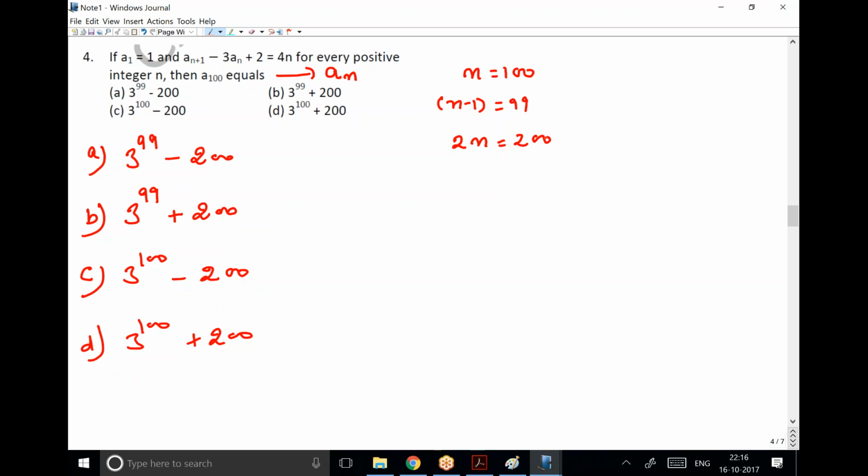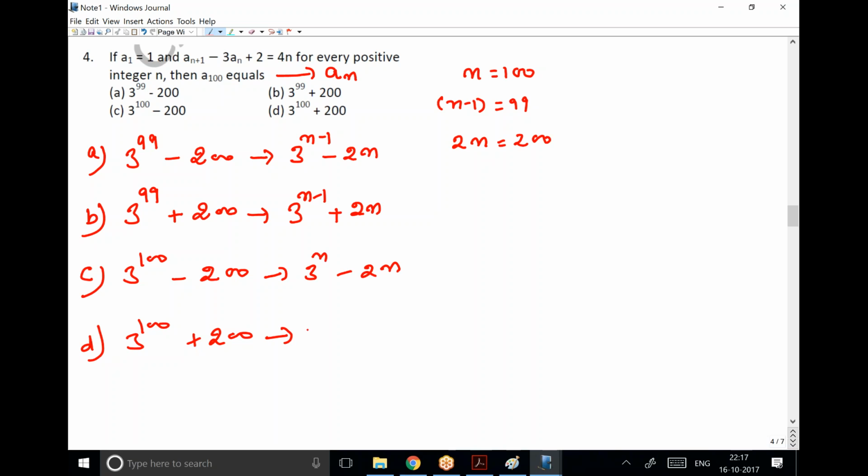Now we can change our answer options also. If I am converting into variable, answer option A will become 3 to the power n minus 1 minus 2n. Answer option B for Bangalore will become 3 to the power n minus 1 plus 2n. Answer option C will become 3 to the power n minus 2n.